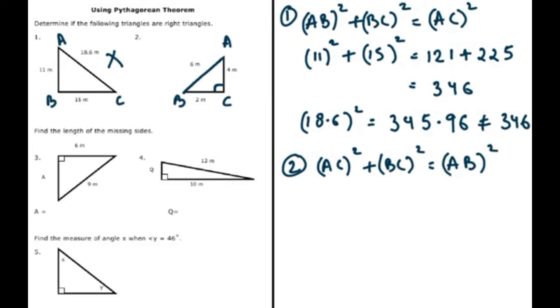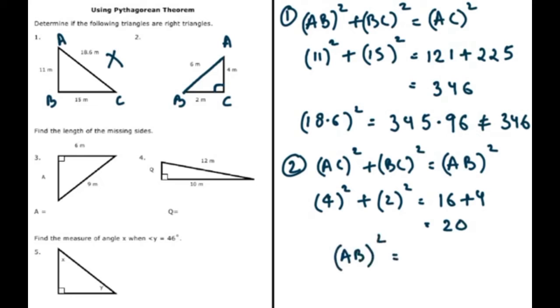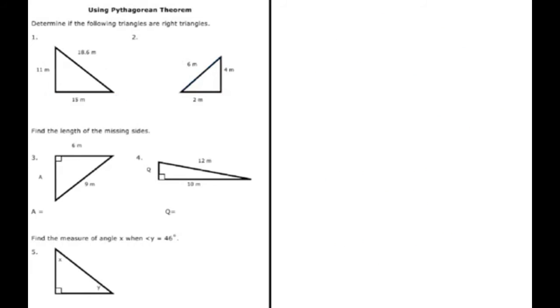Now let us see what AC square plus BC square is. AC is given as 4 meter, BC is given as 2 meter. As you can see, this comes out to be 20. And what AB square is? AB is given as 6 meter, which when squared give 36, which is not equal to 20. Therefore, this triangle is also not a right angled triangle.